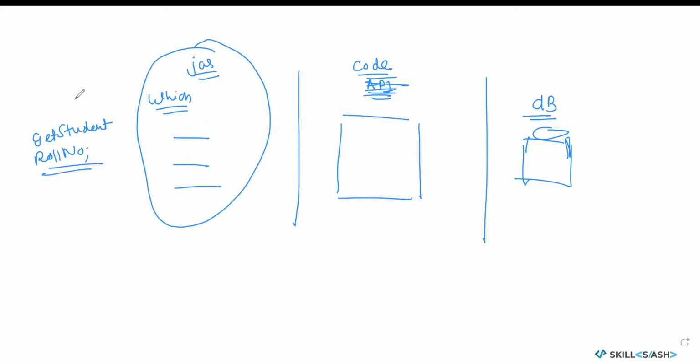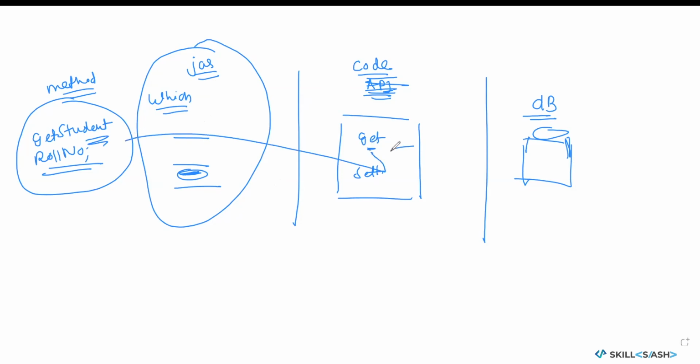Just like this, you have given a method name, and the setter method you have not defined, or not kept in the jar. So getter and setter methods are there over here, but in the jar you have not kept the setter. Now, when they call this method, it will directly call the get method to get this data. But as no setter method is defined for this jar, what will happen?